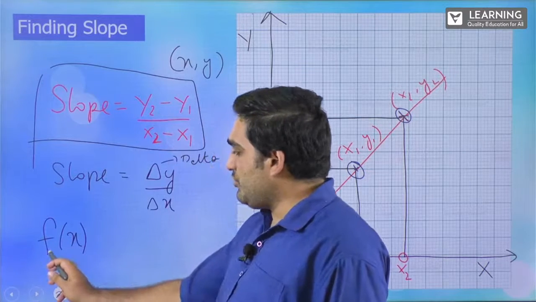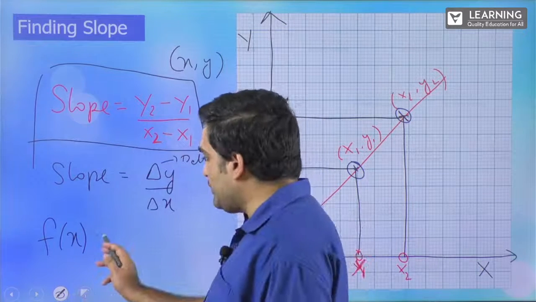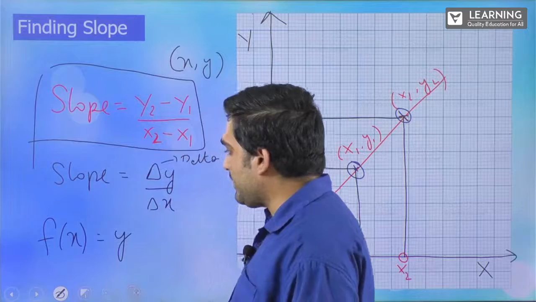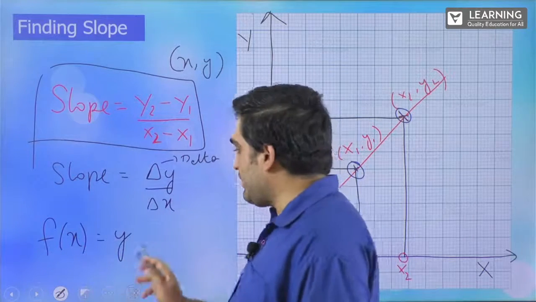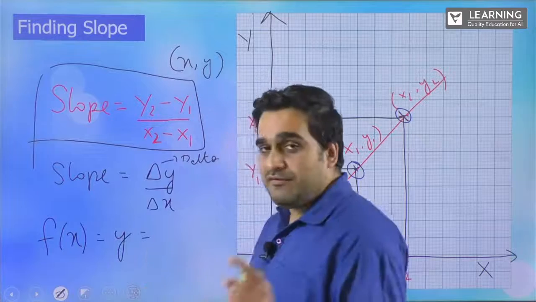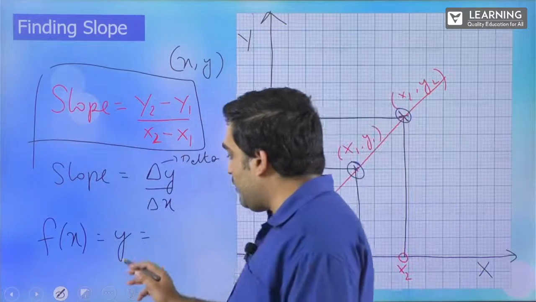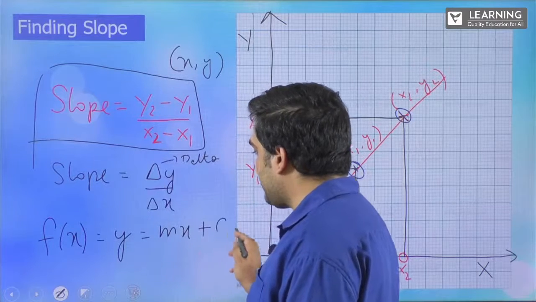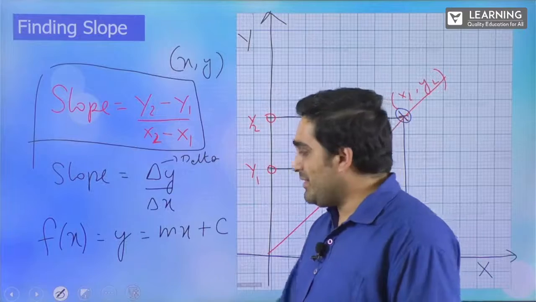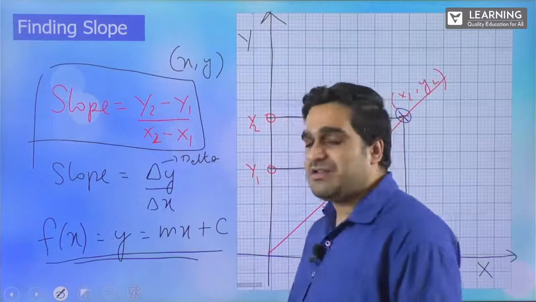This is to show you that the given function is of a variable x, which is equal to y. So y is a function of x. For a given linear equation, meaning for a straight line, y equals mx plus c. This is the equation of a straight line.